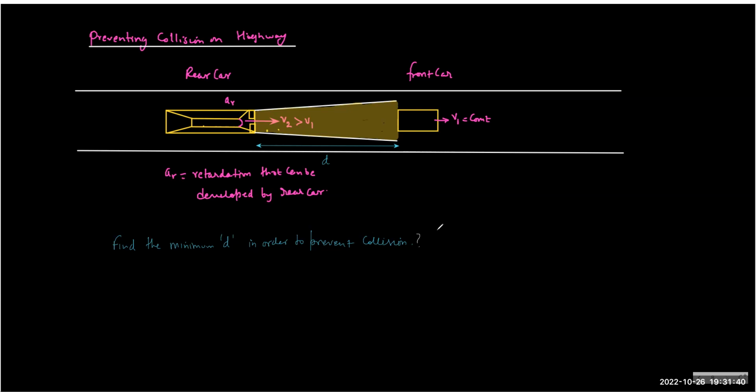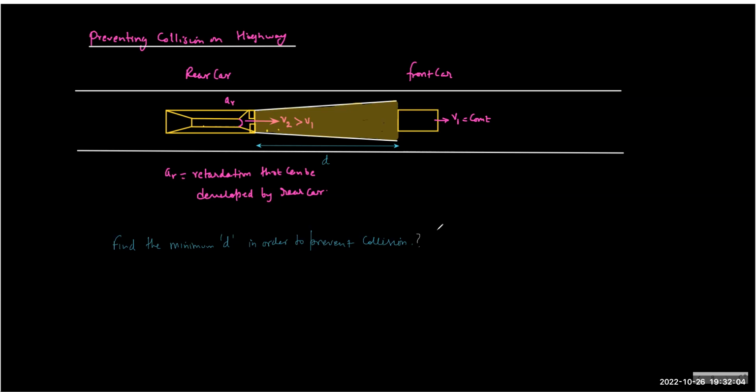Tell me guys, what is the answer? V1 square minus V2 square by 2A. Slightly interesting. This is not the answer, but something similar to that. It's not easy, because in the obstacle case, the D was constant, but as you slow down, the front car will also move, right?